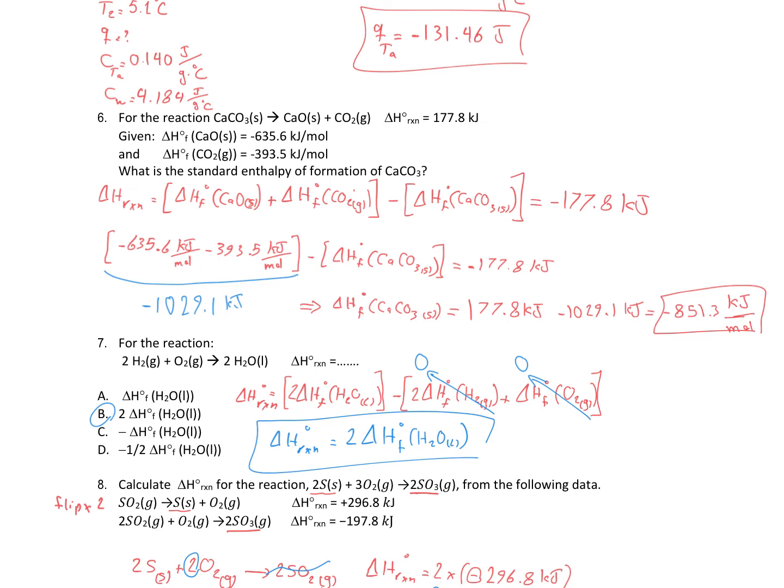So that's that, and that equals the delta H of the reaction. And I think I made a mistake here because this is not negative, it's a positive value. So I have to fix that. So it's plus 177. That will change everything, so I'm going to fix it right now.